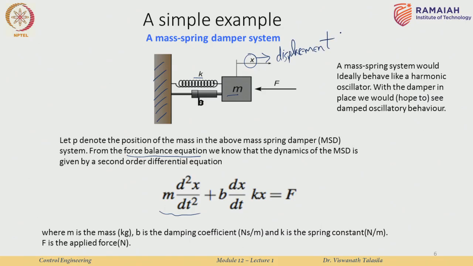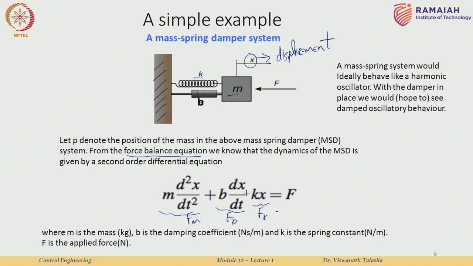Then we have a component of the force which the damper resists, and it is a function of the velocity, dx by dt, and of course the damping coefficient b. And then the final component is the spring constant k, the elastic force which the spring produces. So, these are the three components.